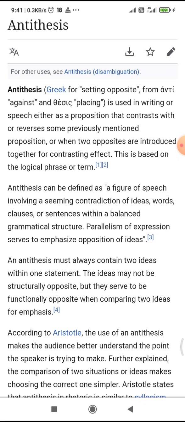What he tries to speak or to convey becomes clearer. Aristotle further explained that the comparison of two situations or ideas makes choosing the correct one simpler. He states that antithesis in rhetoric is similar to syllogism.